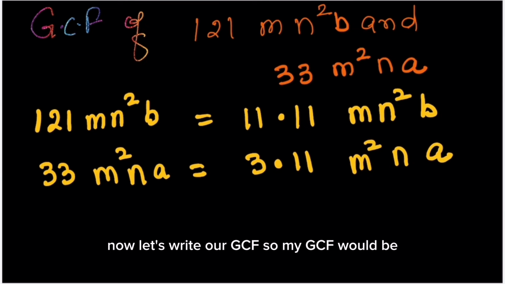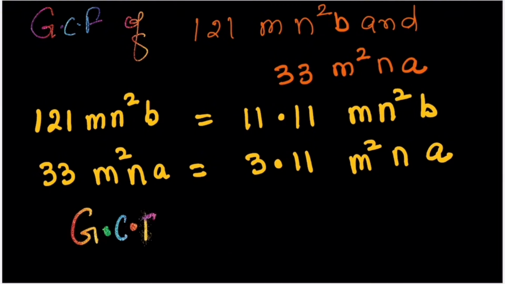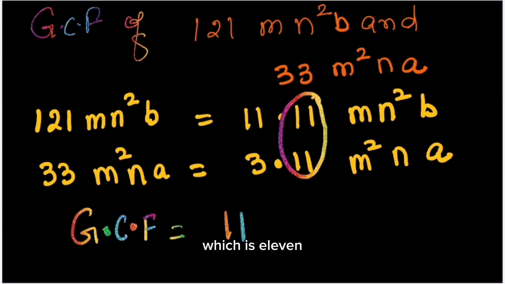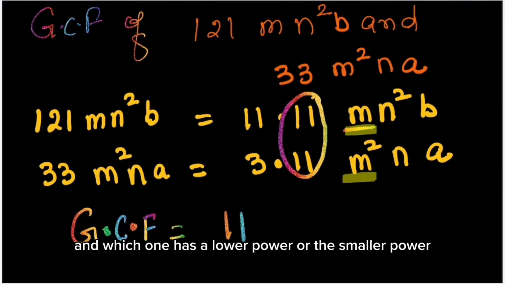Now let's write our GCF. Let's look at the numbers. From my numbers, I only have one common factor, which is 11. Now let's take a look at our variables. Do I have m common? Yes. And which one has the smaller power?